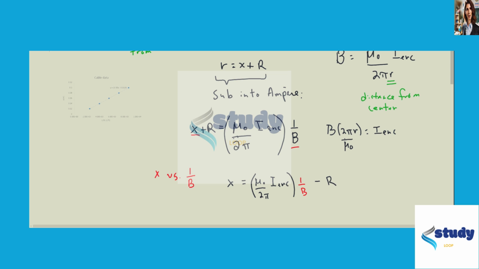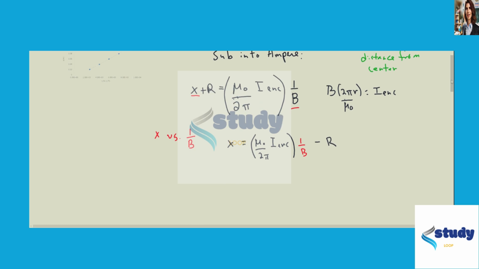So if we take our data of x and magnetic field and we plot x versus 1 over B, we should see a straight line with the slope equal to all this stuff in front of 1 over B, and the intercept as a negative radius of the cable.